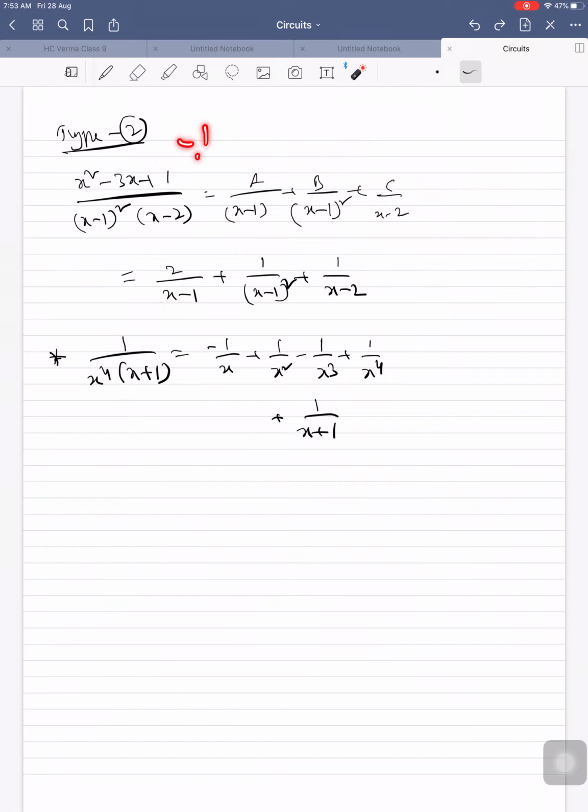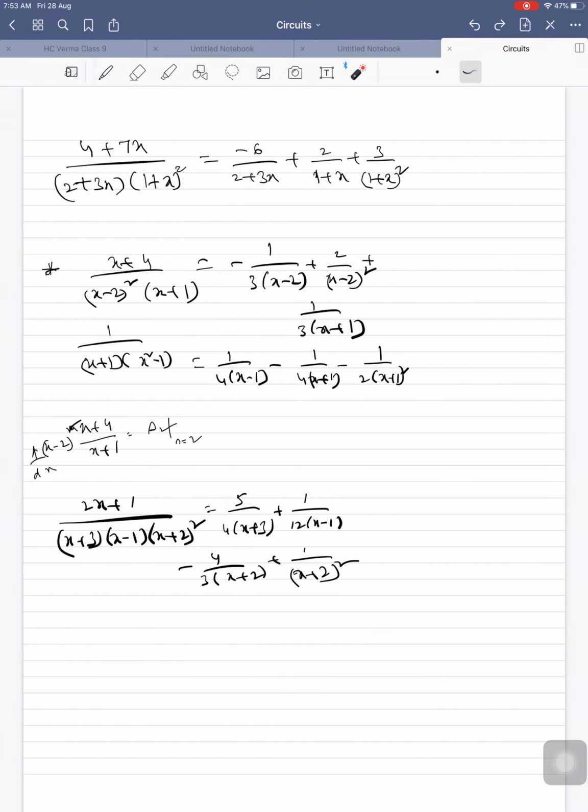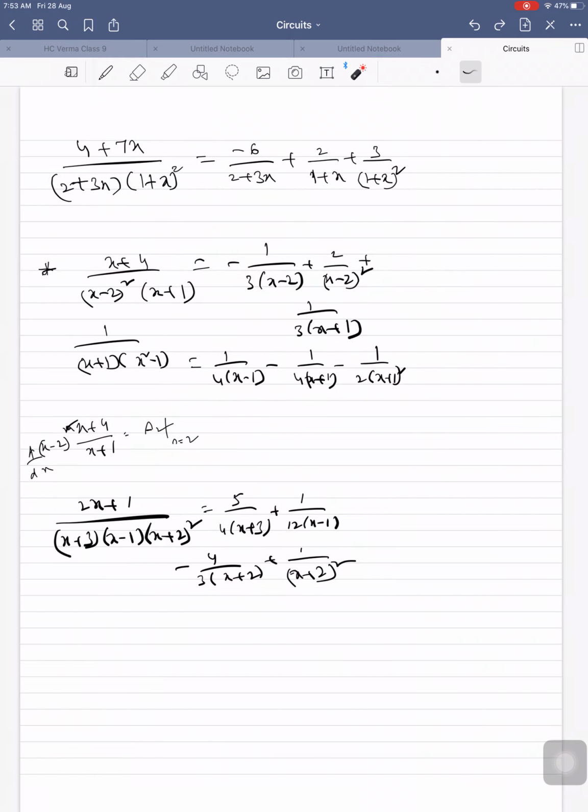If you put minus 1 by minus 2, okay, already you got c and b, then you will get a. Very easy. So like that, try this. Okay, some other problems based on that, try that.